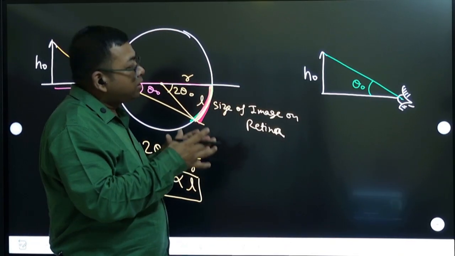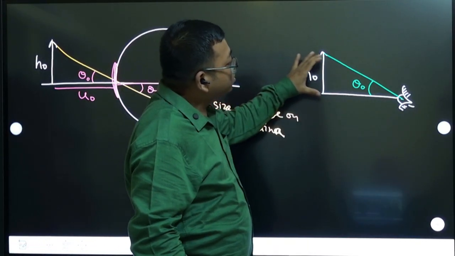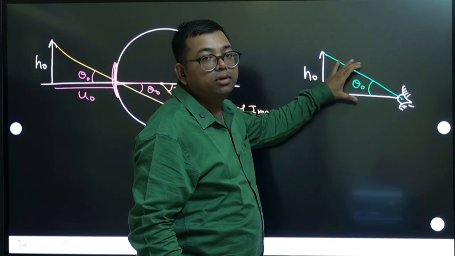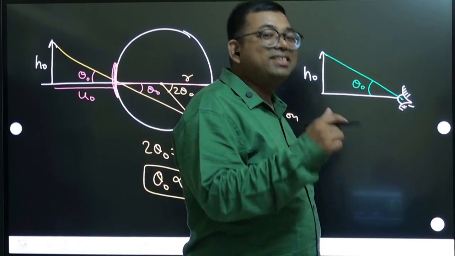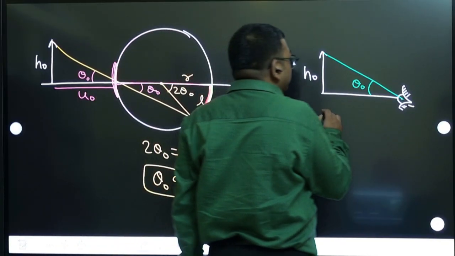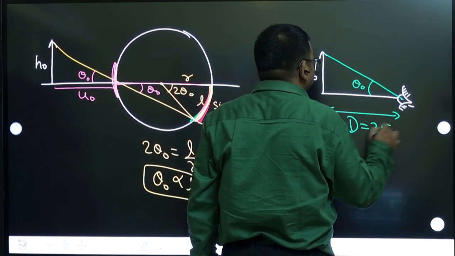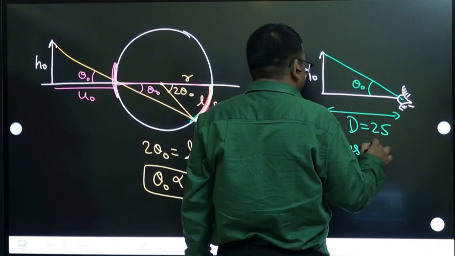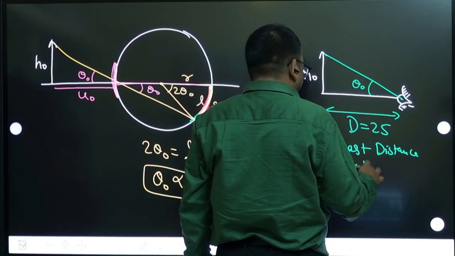If you want a higher angle, you need to bring the object closer. But how much closer we can bring it is the limit of our eye, right? We can bring it up to a distance of 25 centimeters. This is called the least distance for distinct vision.